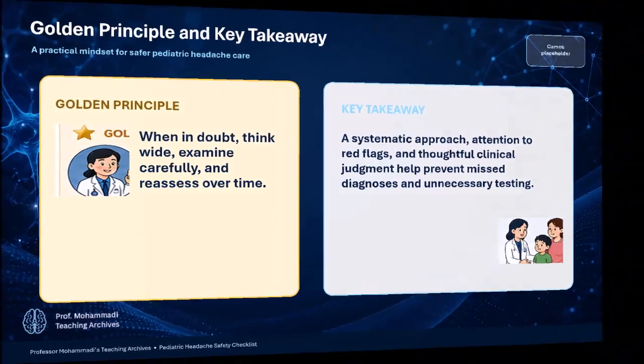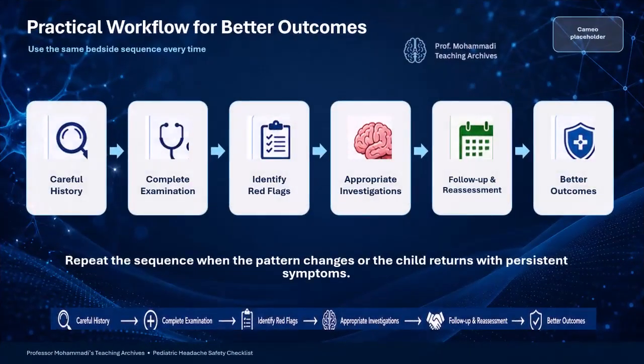Next slide, please. A practical workflow can help make headache assessment consistent and safe. Start with a careful history. Ask about onset, timing, triggers, associated symptoms, progression, family history, medication use, functional impact, and any recent trauma or systemic illness. Then complete the examination, including neurological examination, fundus examination when indicated, and blood pressure measurement.